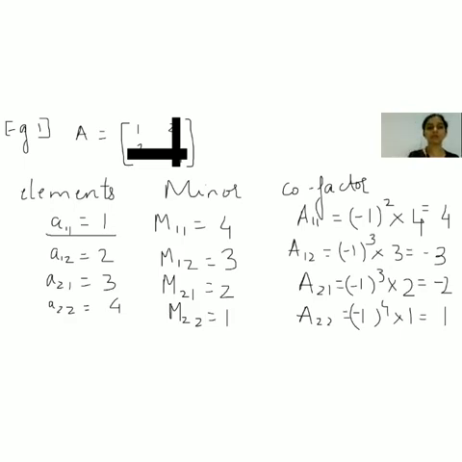So let us see the answer for the determinant of A. Determinant of A is equal to, how do we do this? 4 minus 6, which is equal to minus 2. So yes, the inverse does exist.